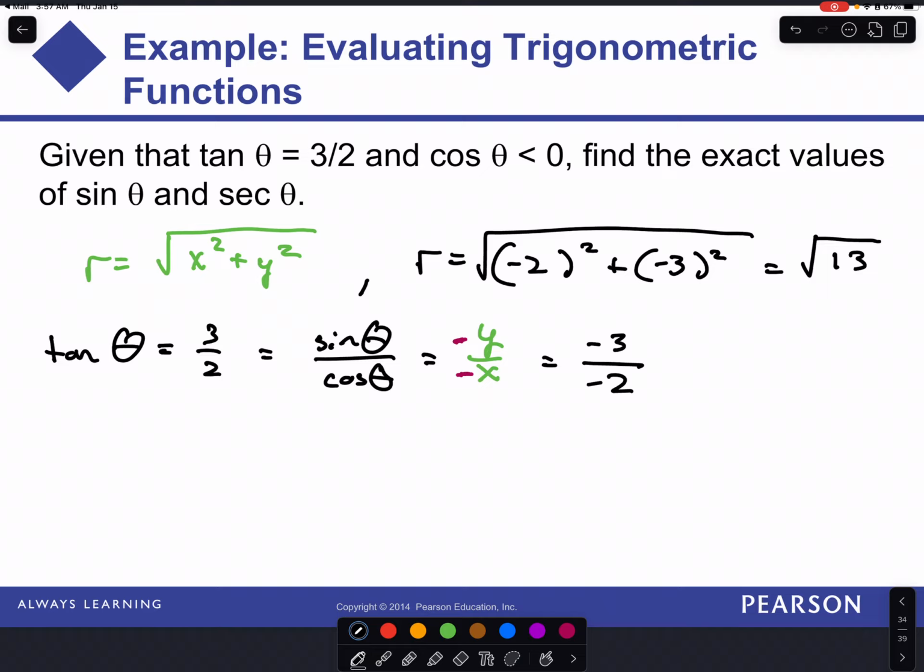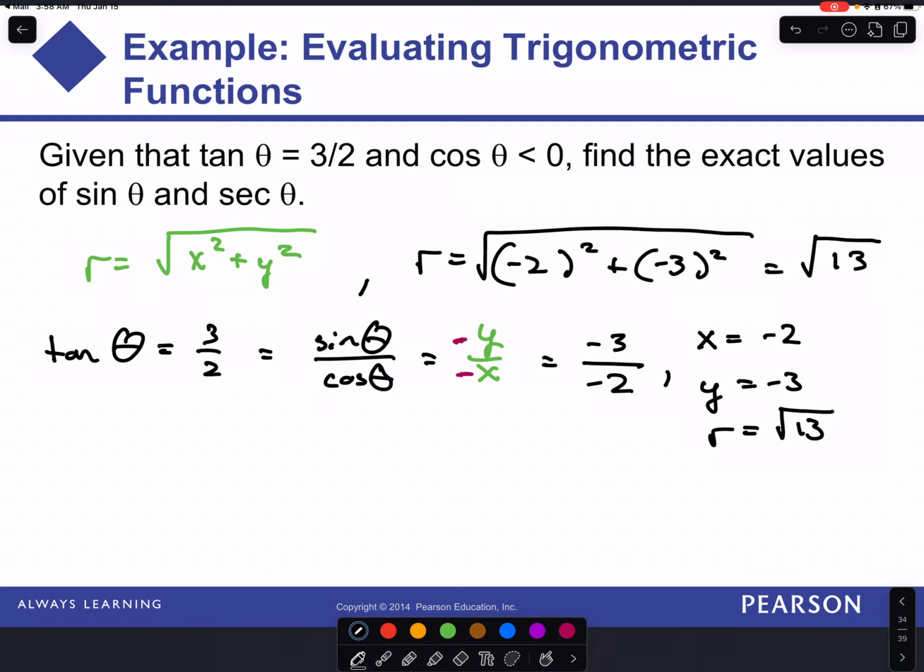So it looks like we're in quadrant 3. Our x is negative 2, our y is negative 3, and our r is the square root of 13. Let's check real quick. This gives us a tan of 3 over 2, because y over x gives a positive 3 over 2.